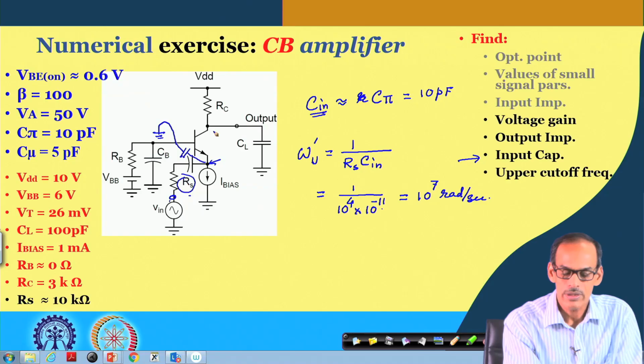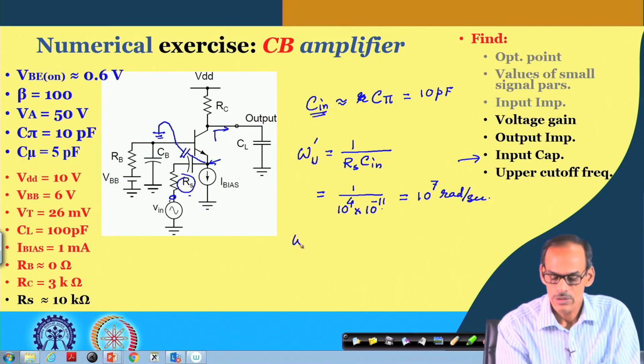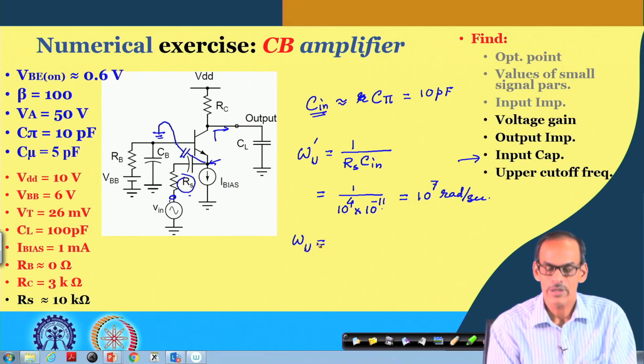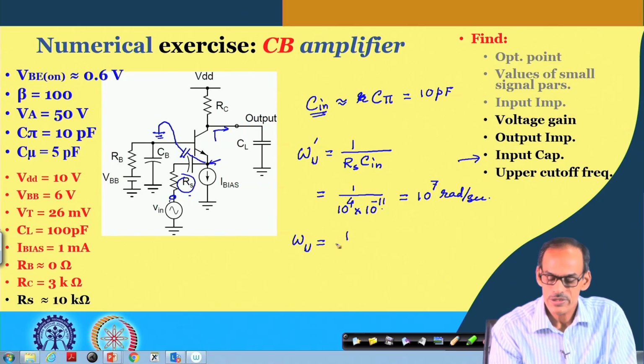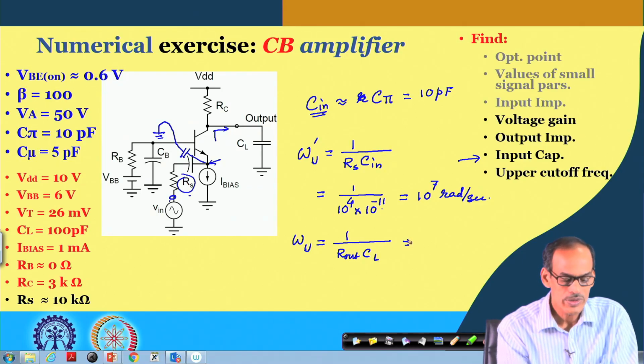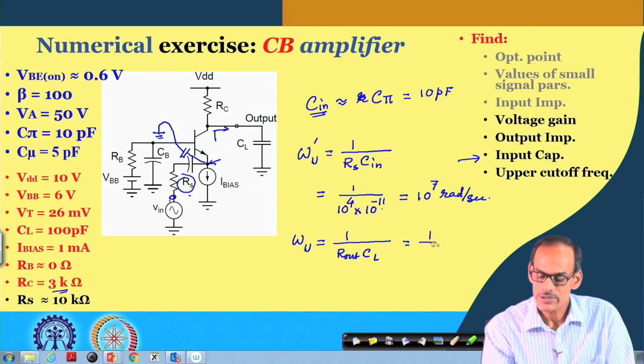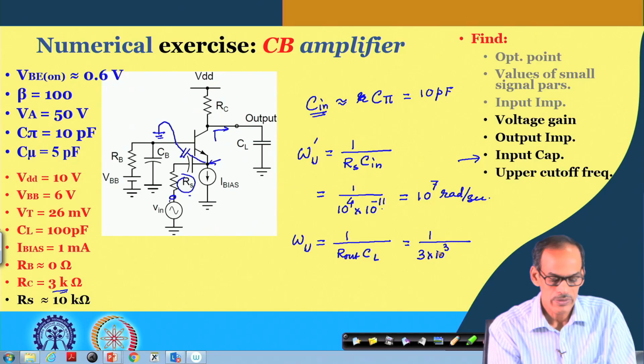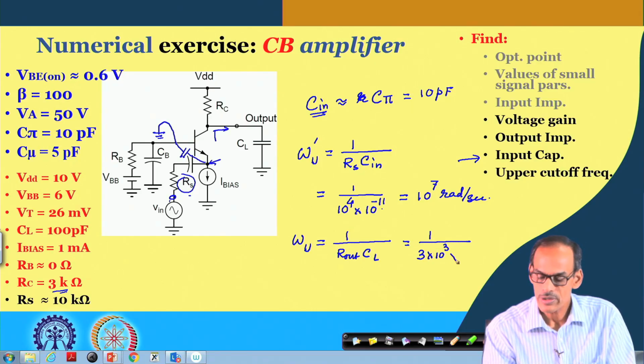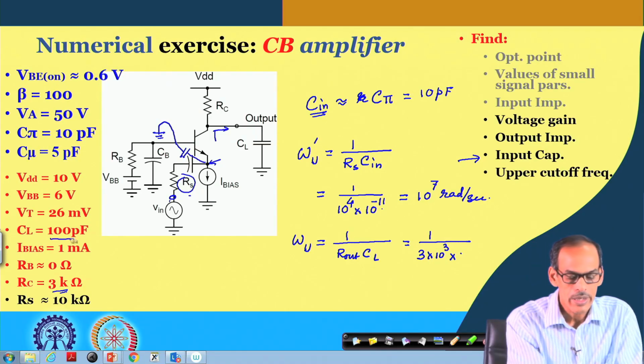On the other hand, the upper cutoff frequency defined by the R out and C L, let me denote this by omega u, is equal to 1 by R out C L, and R out is dominated by R C. So, that is 3 kilo ohms, 3 into 10 to the power 3, and then we have the 100 picofarad.